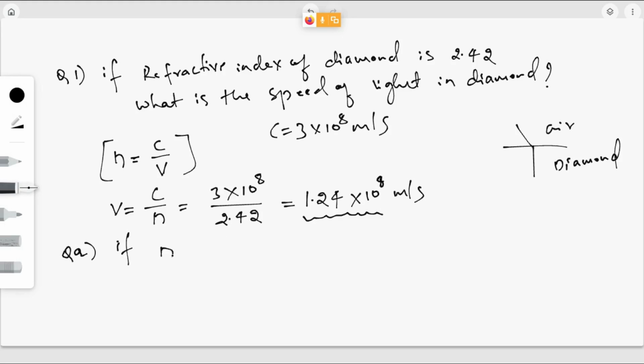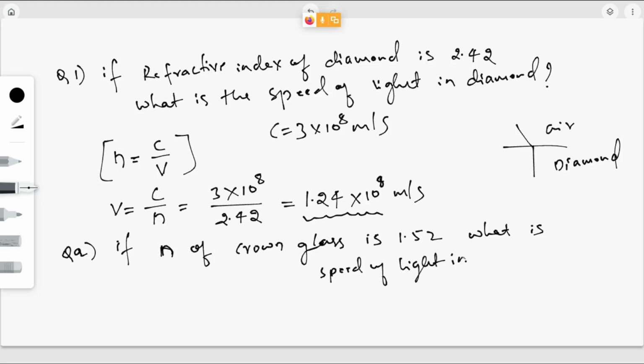If the refractive index n of, let me take crown glass, if the refractive index of crown glass is 1.52, what is the speed of light in the medium, that is the crown glass?